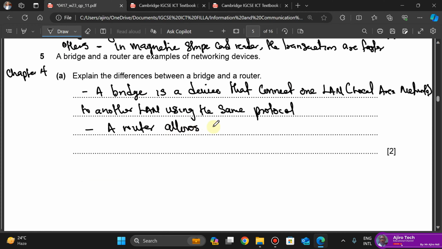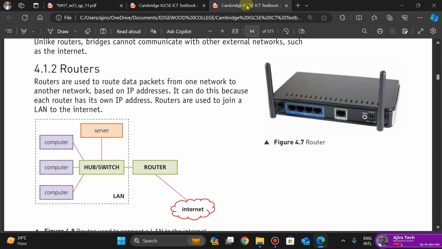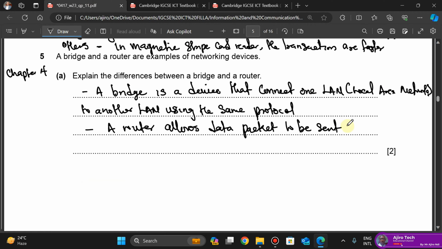Allows data packets to be sent from one network to another network. So in this case, you have it as your internet.